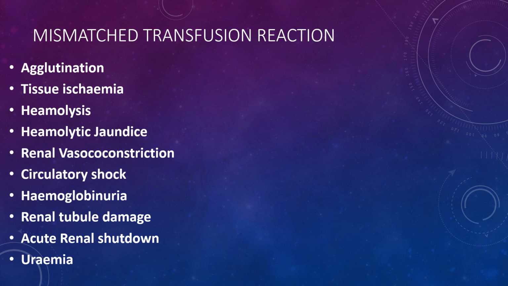Then renal vasoconstriction is caused by toxic substances released from the hemolyzed RBCs. Circulatory shock occurs due to loss of circulating red cells and release of toxic substances, leading to a fall in arterial blood pressure and decreased renal blood flow.